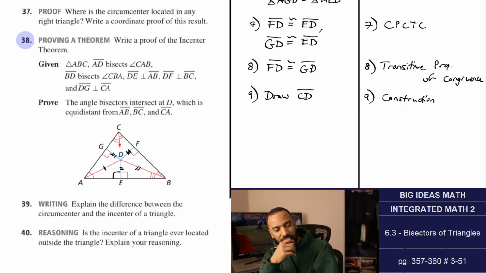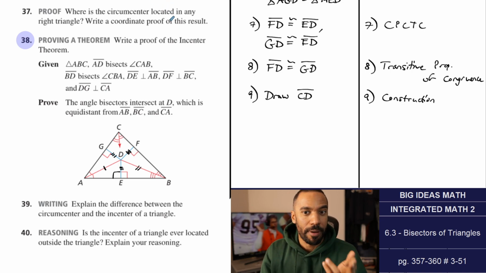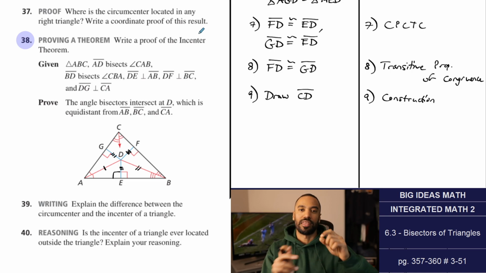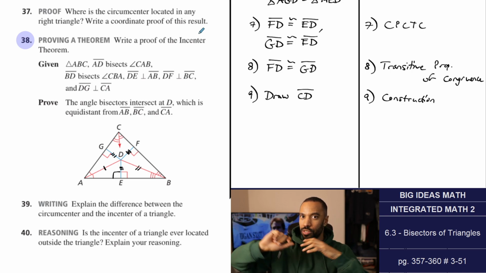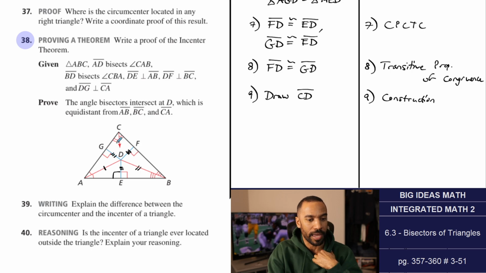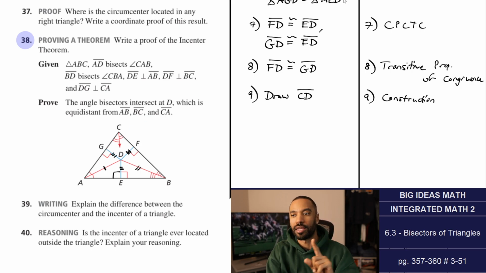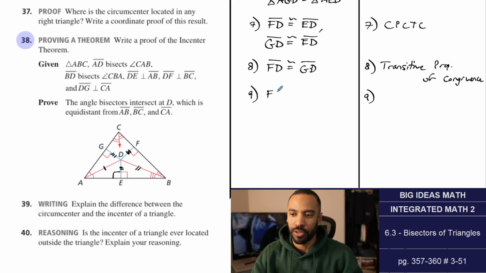That did not guarantee that it was an angle bisector, though. How do I want to say that? Here's what I'm trying to say. There's the angle bisector theorem, which states that a point on the angle bisector is equidistant to the two sides of an angle, which is true because these 2 points are the same distance away. I'm going to say FD is congruent to GD, therefore the length of FD equals the length of GD.